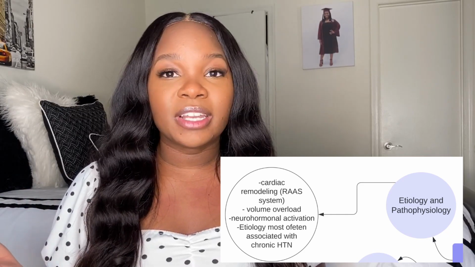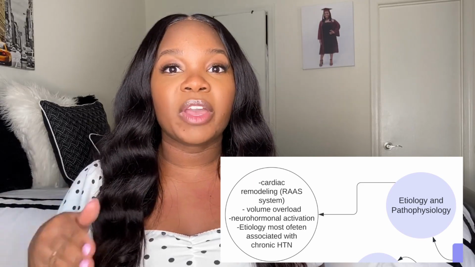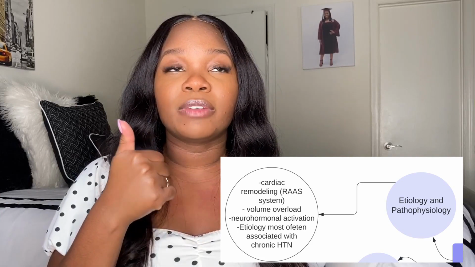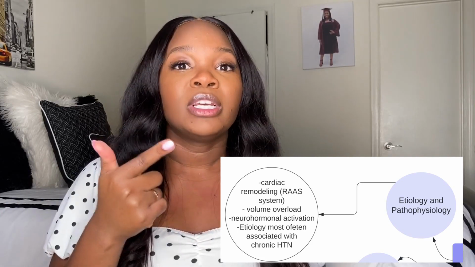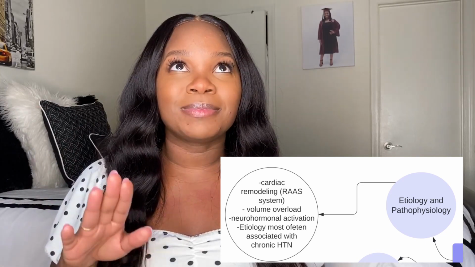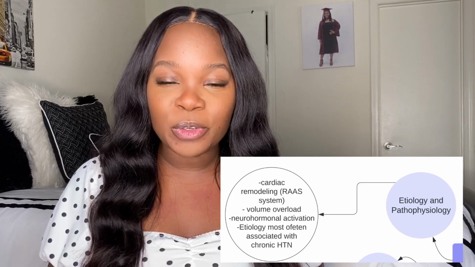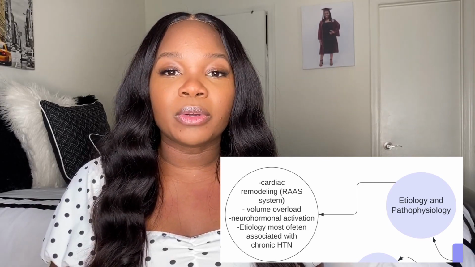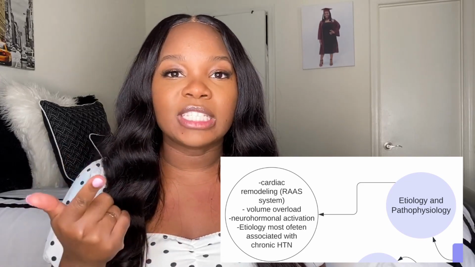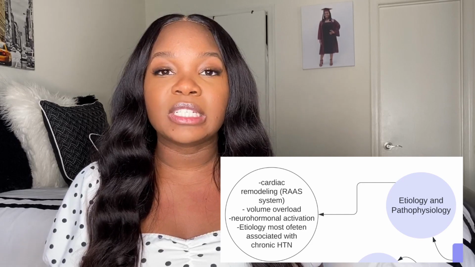At this point in studying, if I didn't know what the RAS system was, because it is so heavily related to heart failure, I would potentially watch a YouTube video, try to find some information within a textbook chapter, just so that I can know the overall background about the RAS system. And the last thing that I would do is think about neurohormonal activation or activity, because things like epinephrine and again the RAS system can have an impact on heart failure and its presentation in certain patients.